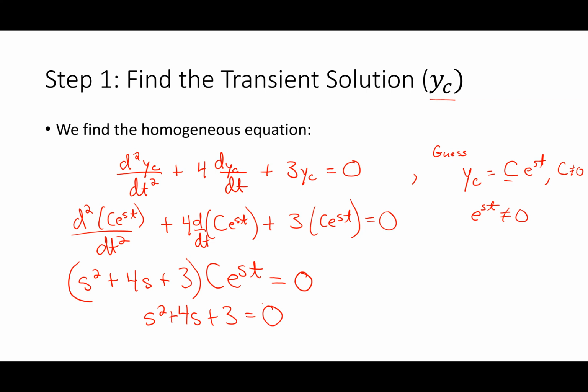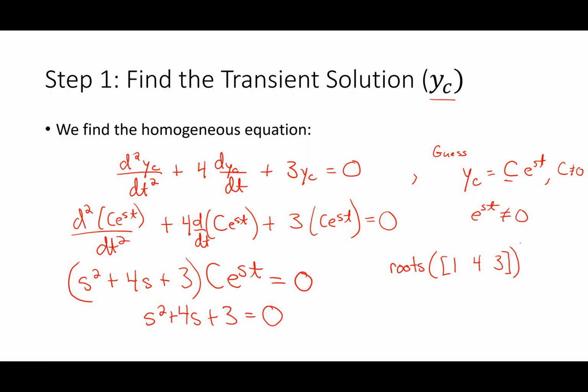Now I have to solve for s. In this case, it's pretty straightforward. Usually I go into Matlab and type roots, with a row vector containing the second order coefficient, which is 1, the first order coefficient, which is 4, and the 0 order coefficient, which is 3.